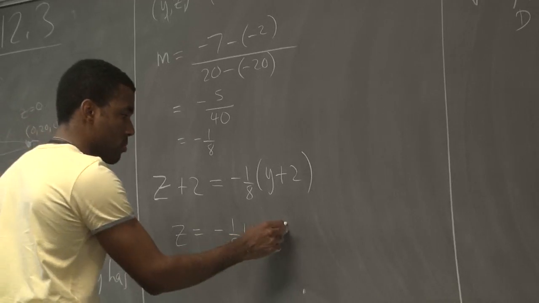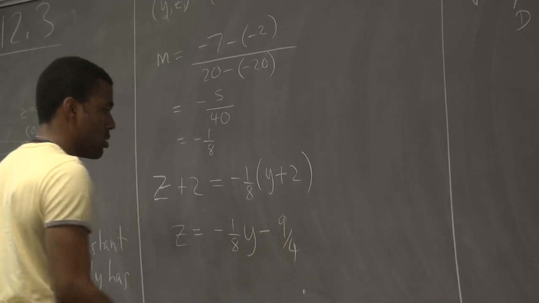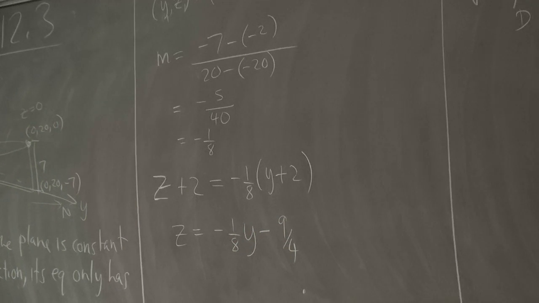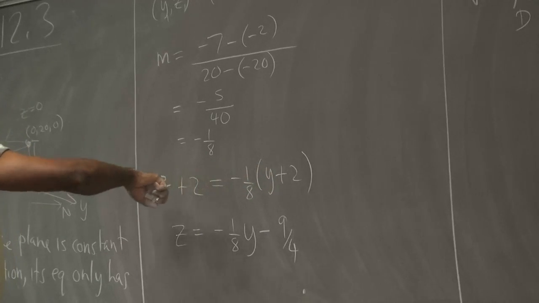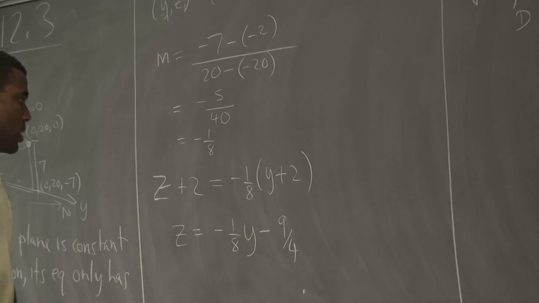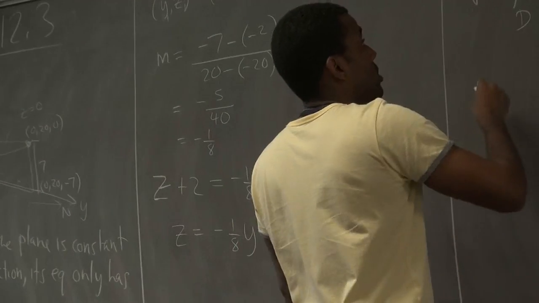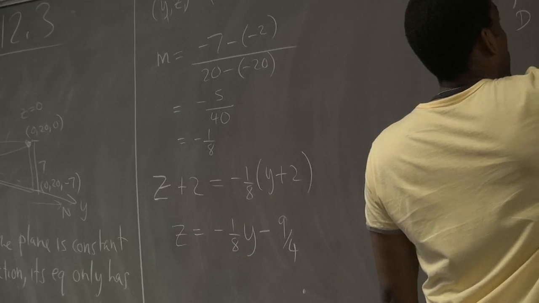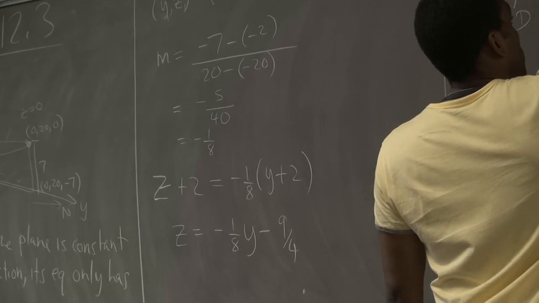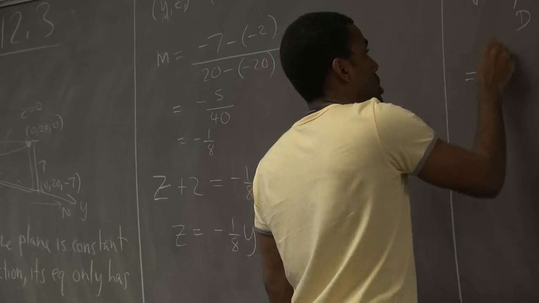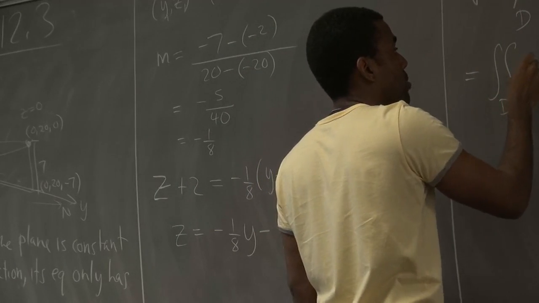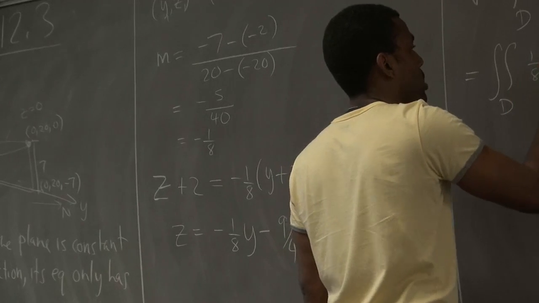That's what? That's 9 over 4? Right, because this is minus 1/4 minus 8 quarters. Okay, so then it's minus 1/8 y minus 9 over 4 dA, which is just the double integral over D of 1 over 8 y plus 9 over 4 dA.